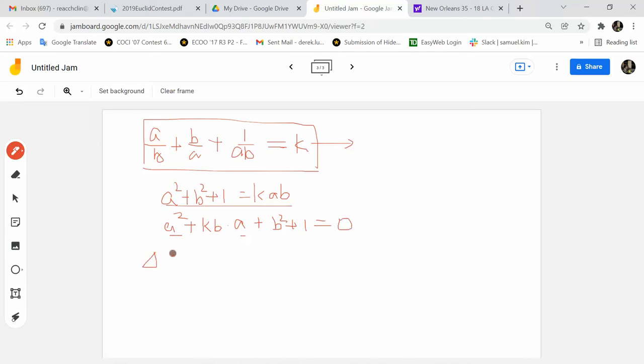Now we see delta equal to, this is negative, doesn't matter, okay? So it's KB, K square B square, minus 4 times B square plus 1.